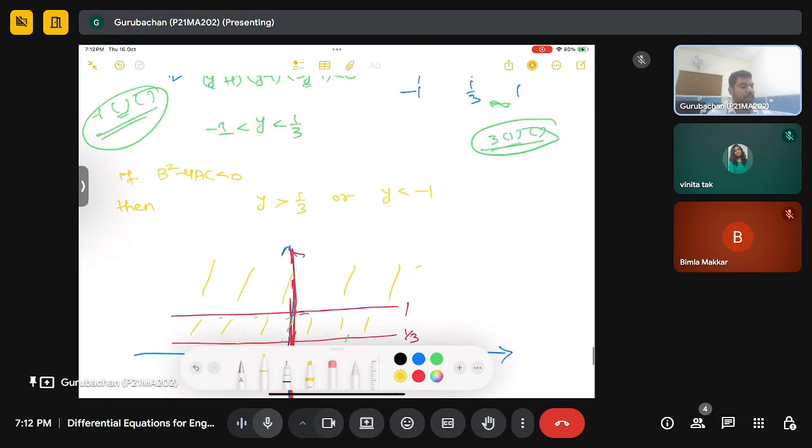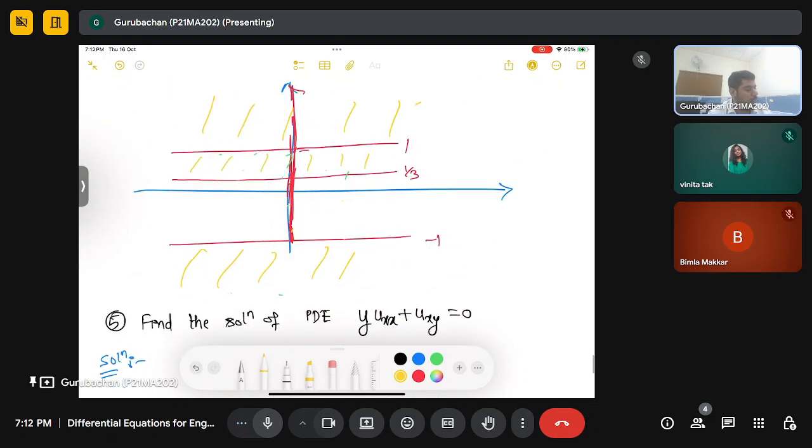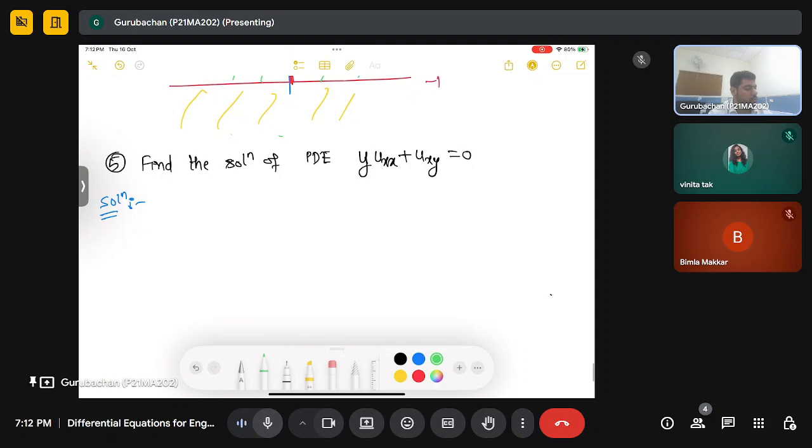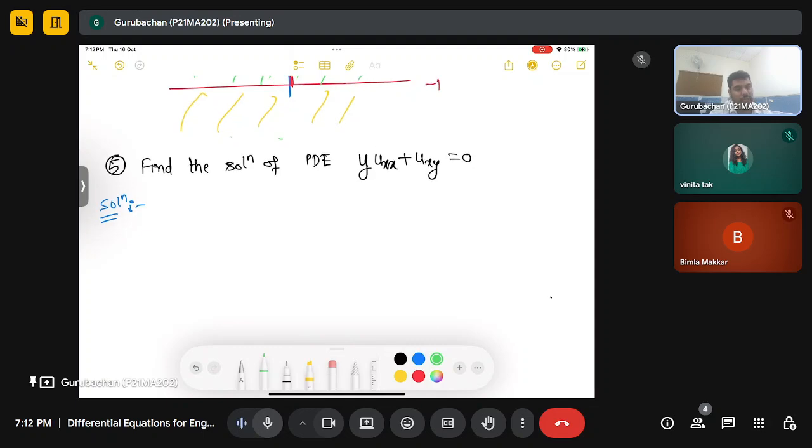Except 1, it is positive. And between minus 1 to 1 by 3, I am breaking the region because at x equal to 0, I have to leave this y axis. So this is all about your classification.